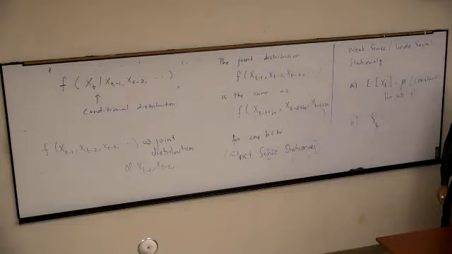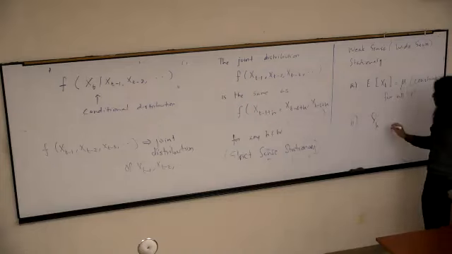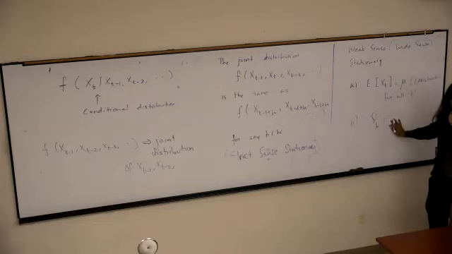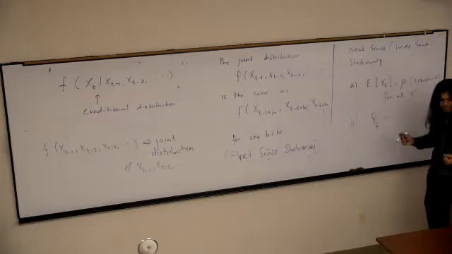H could be either positive or negative, it doesn't matter. Starts with the letter C. Covariance, specifically what kind? Autocovariance.